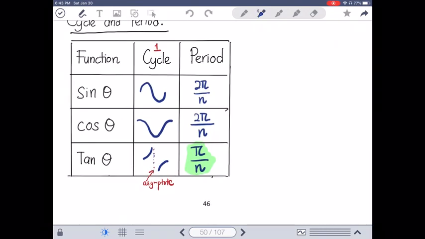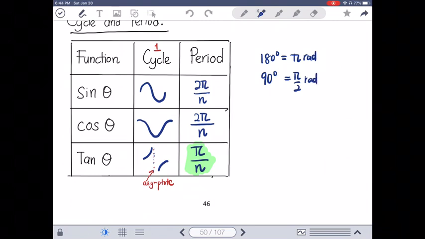And also I want to remind you guys, 180 degrees is equal to pi radian. That means 90 degrees is equal to pi over 2 radian. 45 degrees is equal to pi over 4 radian.